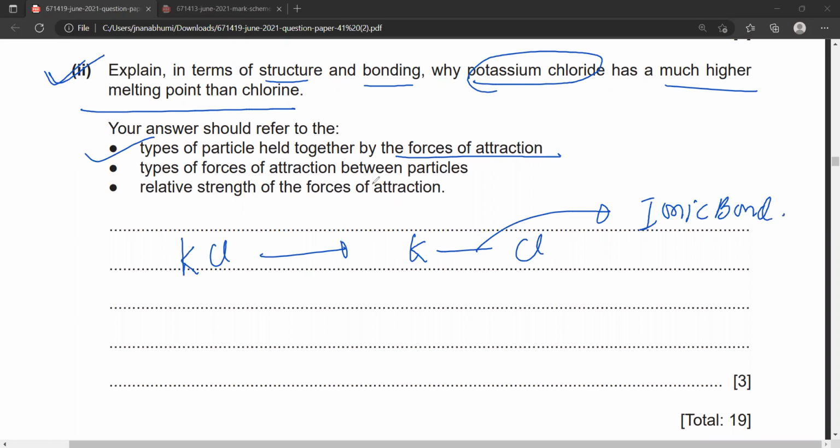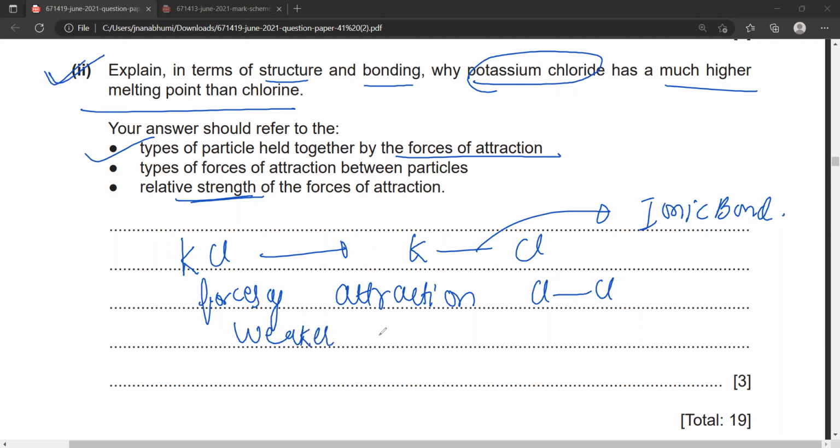Type of attraction between them: there is a force of attraction between the particles, like chlorine molecules. Relative strength, what will be the strength? It will be weaker. Weaker force of attraction of Cl2. So these are the answers of these three questions of 3 marks. Right up to this point.